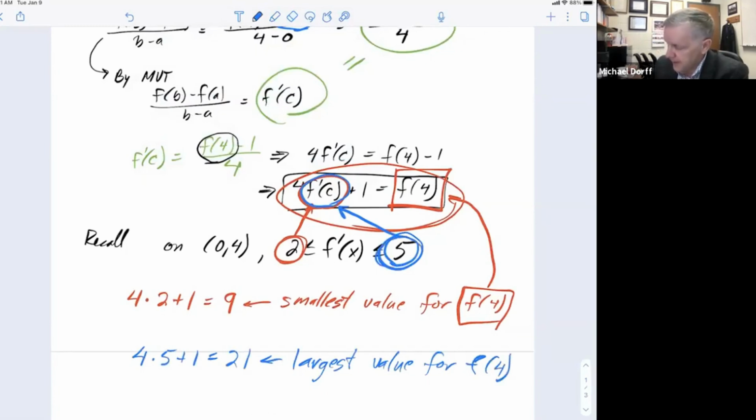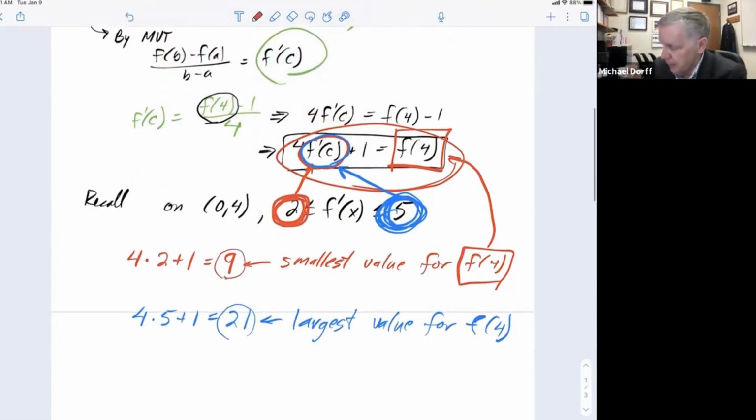Because 5 is the largest. How do I know that 9 is the smallest? Because we used the smallest f prime value, which was 2. So the smallest f of 4 could be is 9, and the largest it could be is 21, and that's what we were supposed to show.